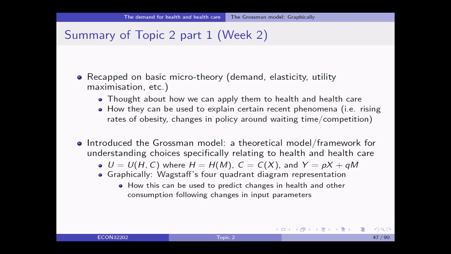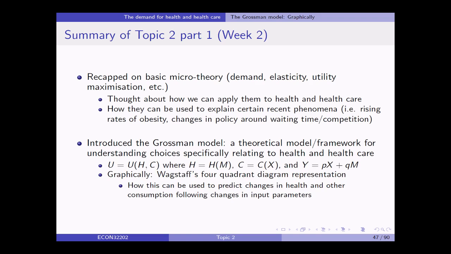Health is different from some economic goods, but similar to others. Education is sometimes thought of as quite similar, but as a general rule, health is seen as suitably different to allow us to modify some standard theories and use those to get an economic idea about what people are doing and how that influences their health and their demand for healthcare.